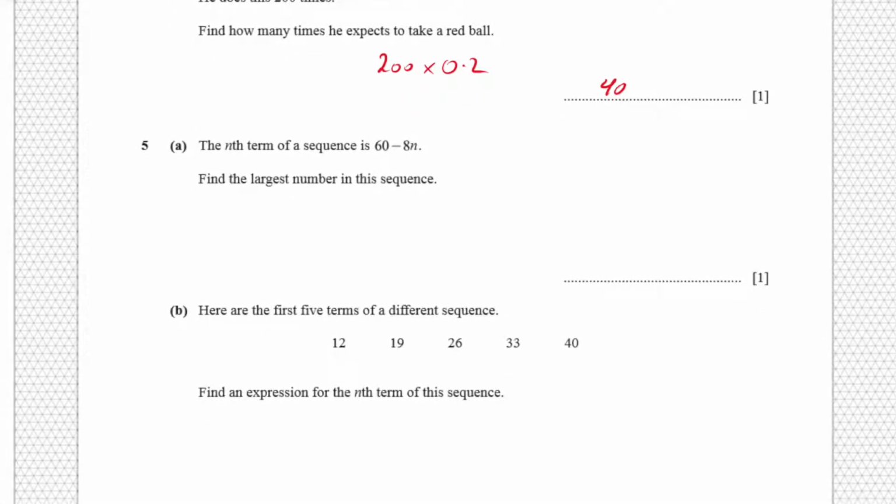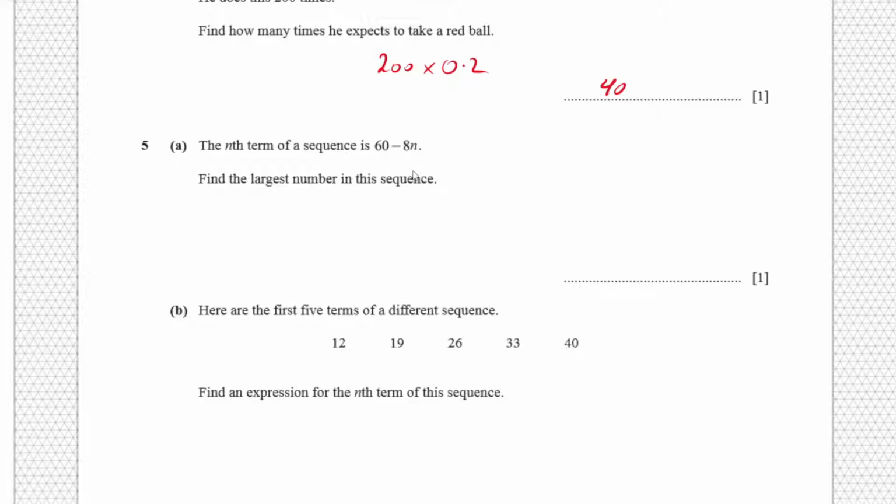The nth term of a sequence is 60 minus 8 times n. Find the largest possible number in this sequence. We have to first identify which n or which term will give us the largest possible answer for this sequence. To me it seems like if you take 1, that will give you the largest number.